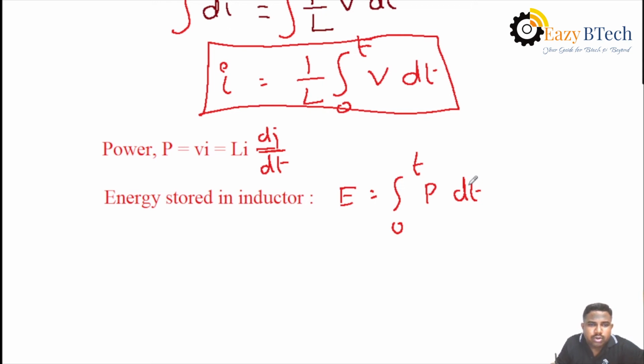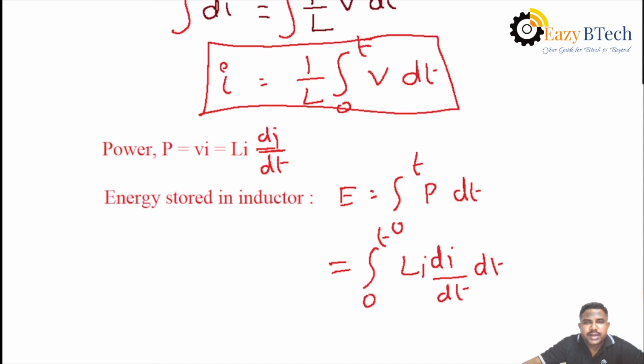If you know the equation of power, that is L into i di by dt, then E equals the integration from 0 to t of L i di by dt into dt. Then the differential term dt will cancel.